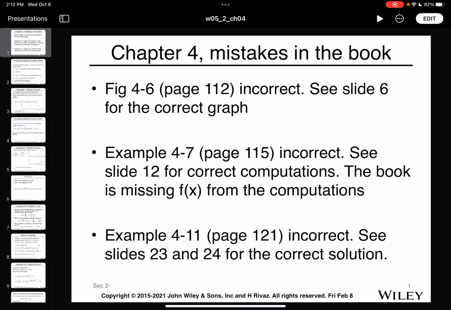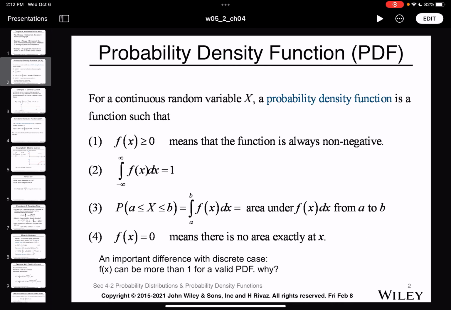The only difference is that instead of a discrete random variable, here we have continuous random variables, right? Because of that, I think it opens your perspective, and it can, in my opinion, help you in your midterm exam. So there are a few mistakes in the previous edition of the book. I'm not sure if they have been fixed in the latest edition, since I haven't seen it. But if you have the previous edition, you can correct these.